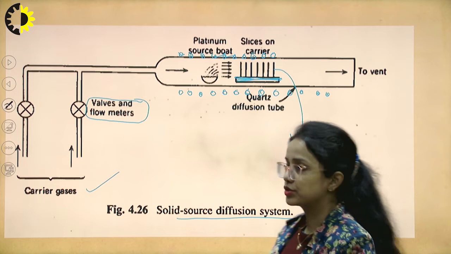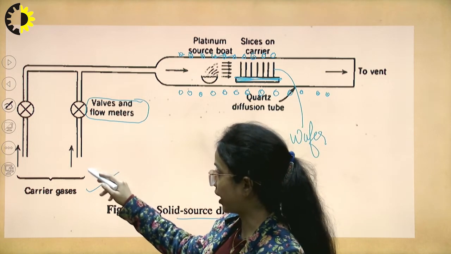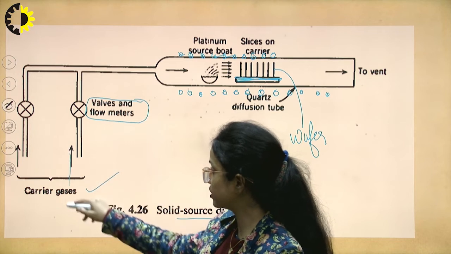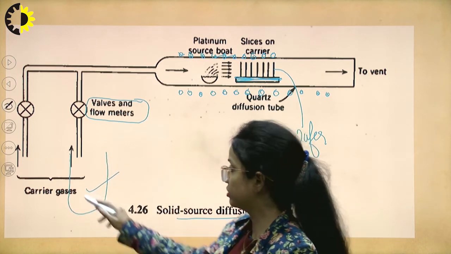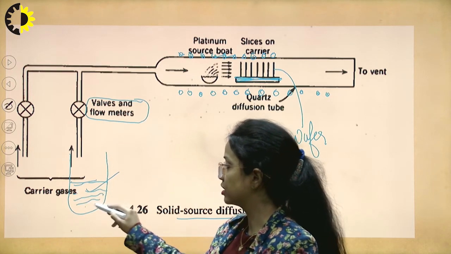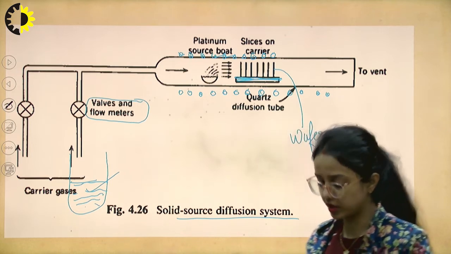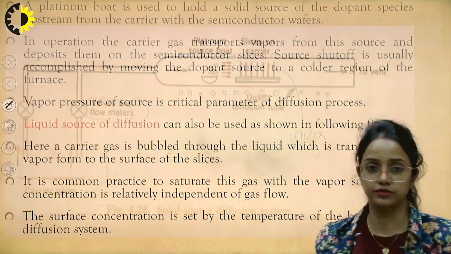Next will be liquid source. Here the entry will not be a gas, but a beaker or a container where liquid will be present, and we convert that liquid into some state so that it travels and enters inside the boat.